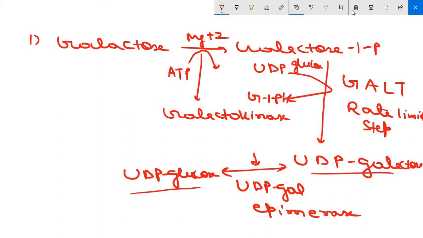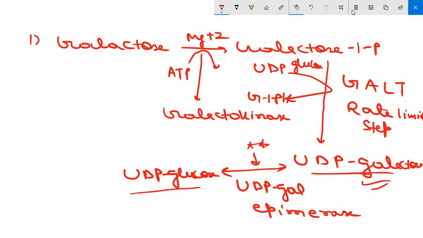UDP galactose may be used, and since the reaction is freely reversible, even if the dietary supply of galactose is deficient, UDP glucose can be epimerized to UDP galactose. Clear? So this step is very, very important because of the reason which I have told you. And this is all about galactose metabolism.